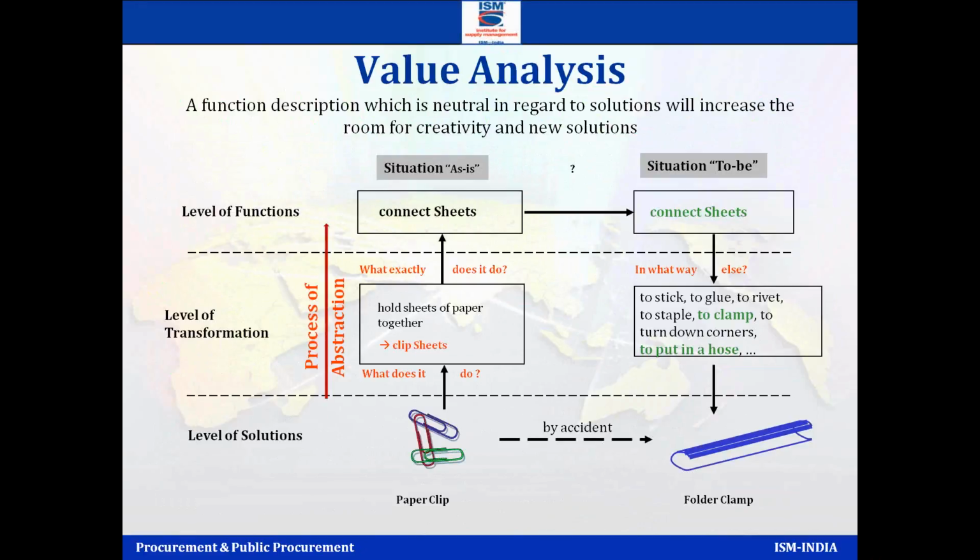You have to find what adds value to you. If I put a paper clip, it can fall off, and then you have a problem collating them. A folder clamp looks nicer. If I staple it, it serves my purpose but may not look nice. This is where you have to analyze the values of the different solutions.